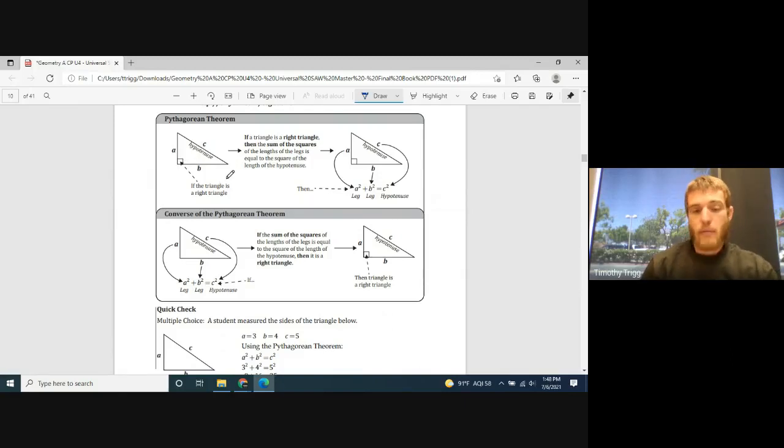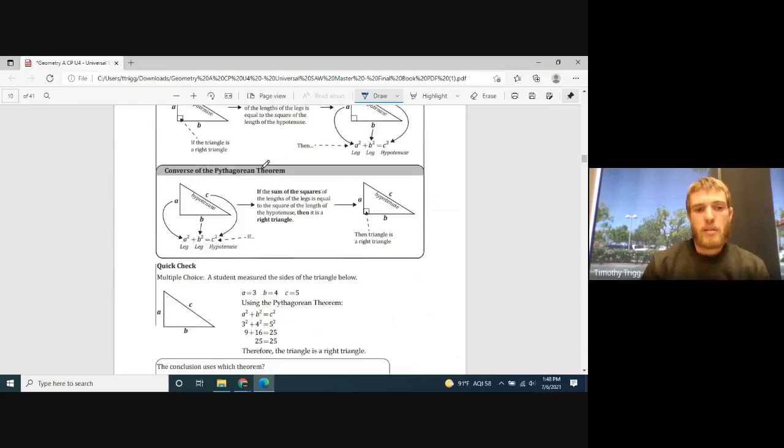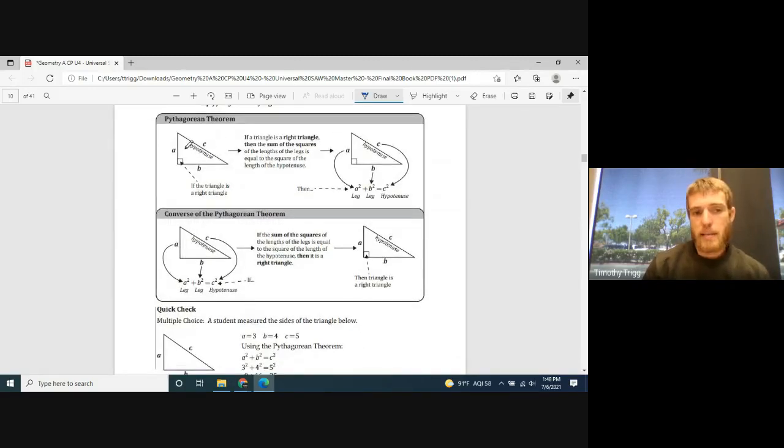But if it is a right triangle, what does this theorem say? It says that if you take the two smaller sides, the two legs, as we call them in a right triangle, and you square those side lengths, so you take this side and square it, and you take the other leg side and square it, add those together, and that will equal the longest side squared.